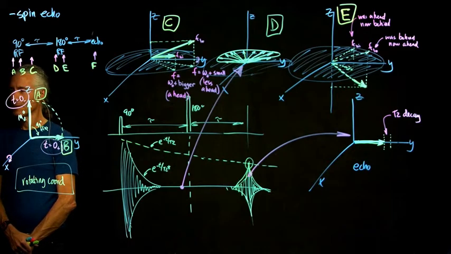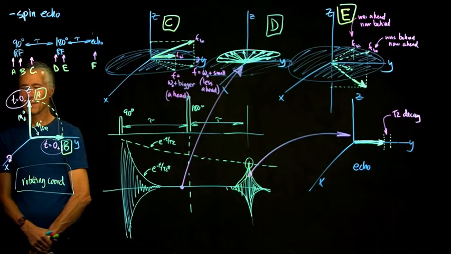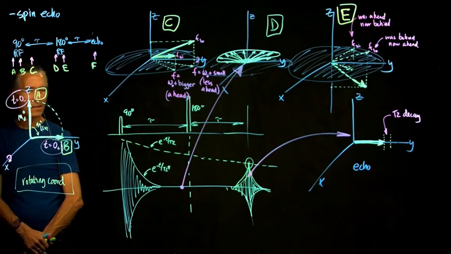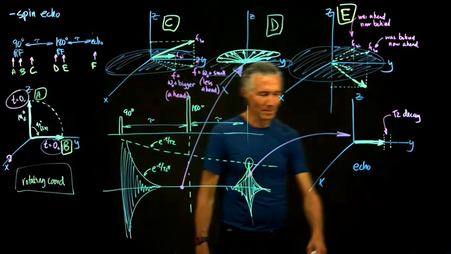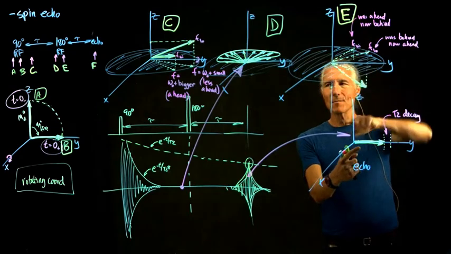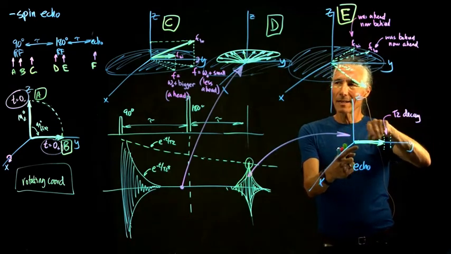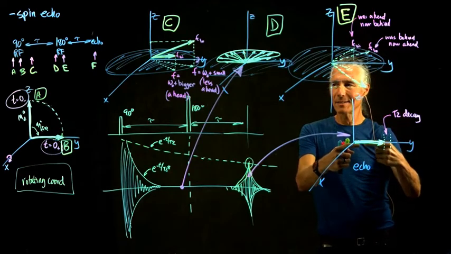So just for the last drawing, the T2 decay part, do they come back into phase when they reach the y-axis? Yeah. So everything happens at the same time. They come back into phase around the xy plane at the same time as they get right back to the y-axis.